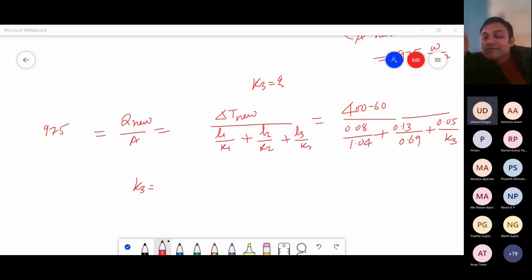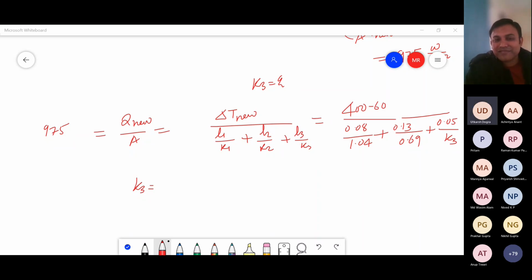So don't anticipate that the boundary temperature of layer 2 and layer 3 will be 75. You will get a different temperature. Yes, sir, I calculated and got a different answer. So that you have to keep in mind. It's not 75 in that case because your Q got changed.